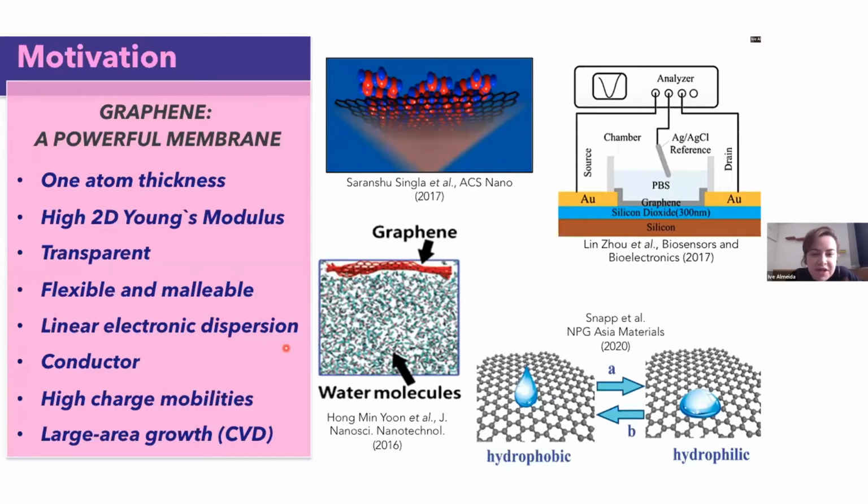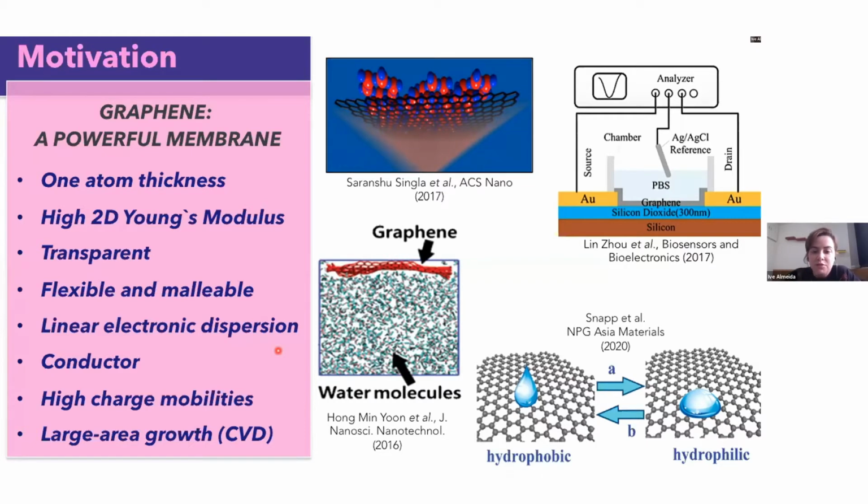The motivation to study graphene-liquid interfaces comes from the fact that graphene has proved to be a very powerful membrane, as you know. It has unique characteristics. So there is plenty of room to apply graphene in devices that require a liquid environment to operate, like sensors and biosensors. It is very important to really understand this graphene-liquid interface.